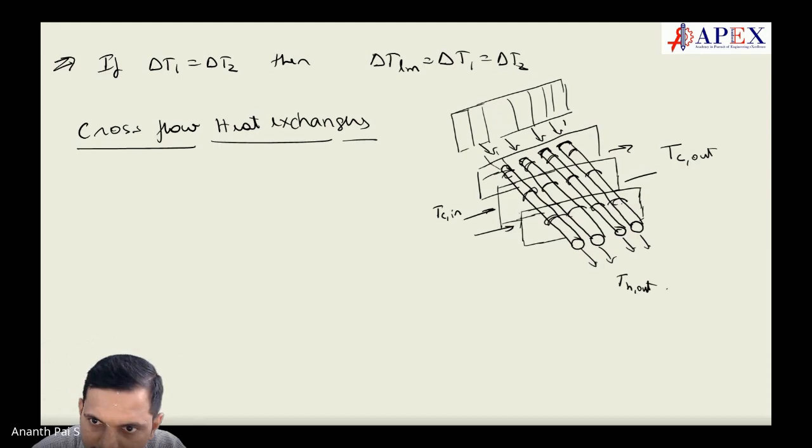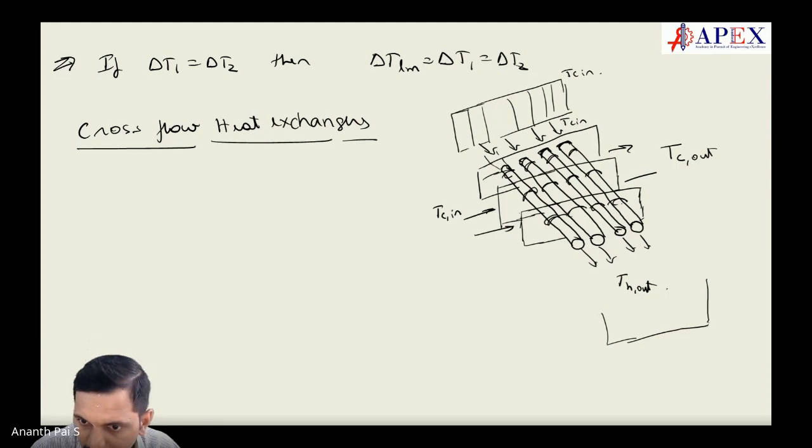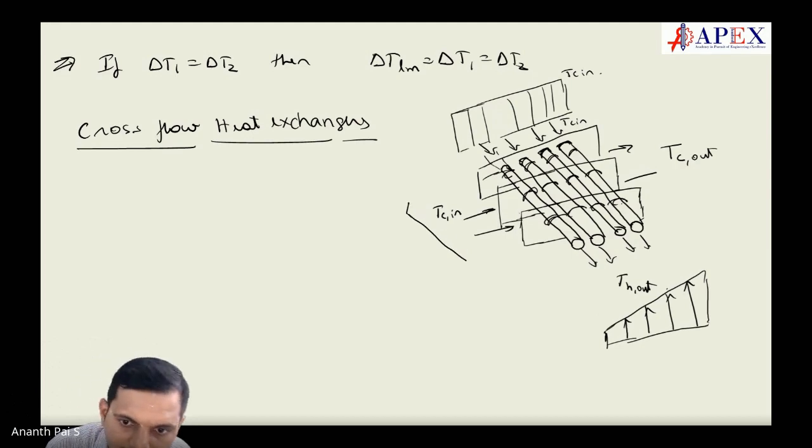This is TC, so this is TC in, right? What is coming out over here, the temperature profile will be the one which is over here will have a lower temperature. The next one will have a bigger temperature. Correct. Cross flow, that is the way. The TC in, what is going in, will have a uniform lower temperature, right?